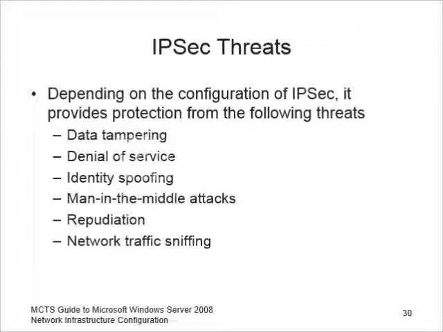IPsec has a number of features that can significantly reduce or prevent the following attacks. First, packet sniffing. A packet sniffing attack is one in which an application or device called a packet sniffer monitors and reads network packets as they traverse a wired or wireless network.